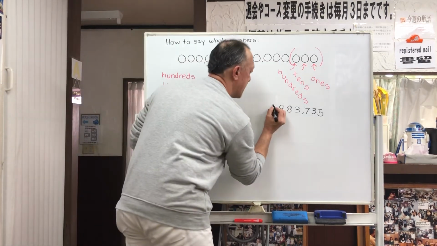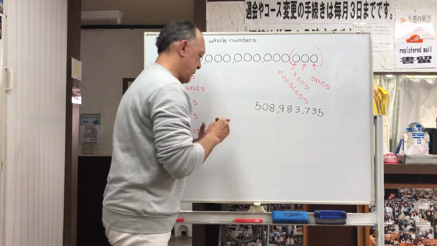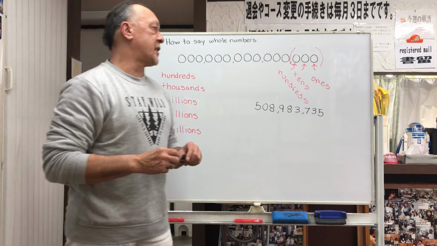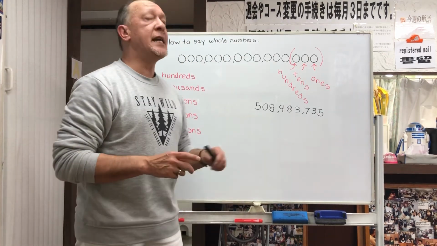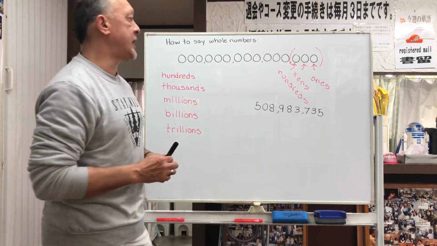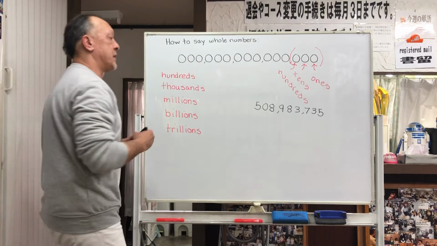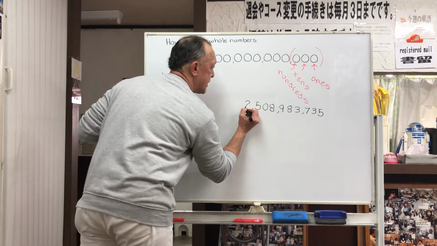Let's just put some numbers up here. This would be spoken as 508,983,735. Moving on to our next one, again, just some digits.